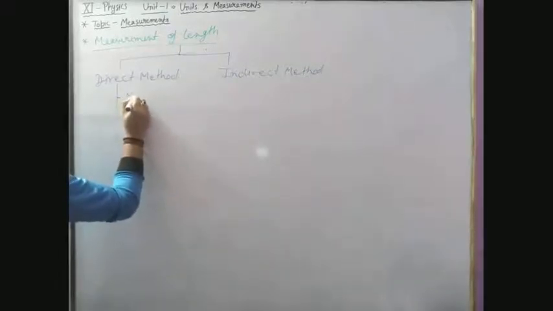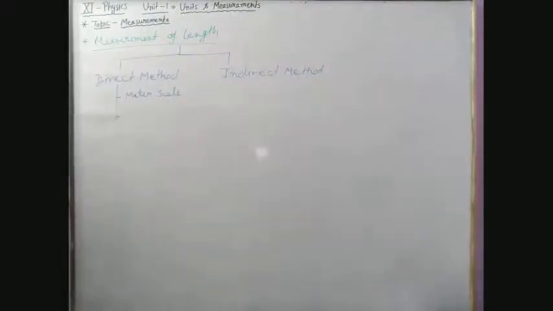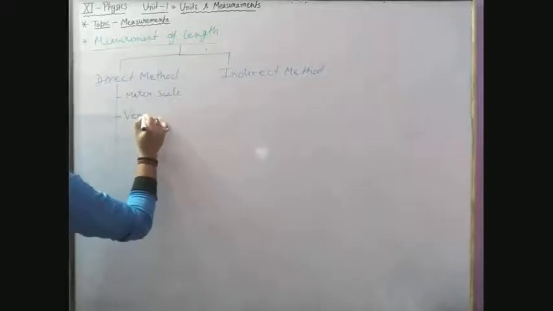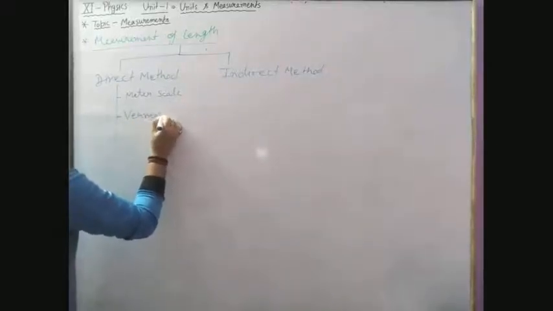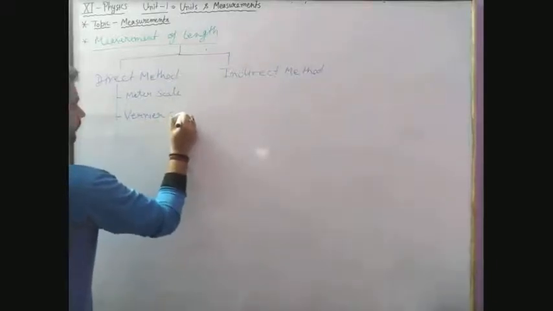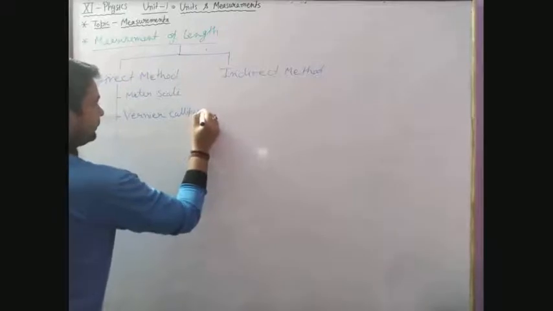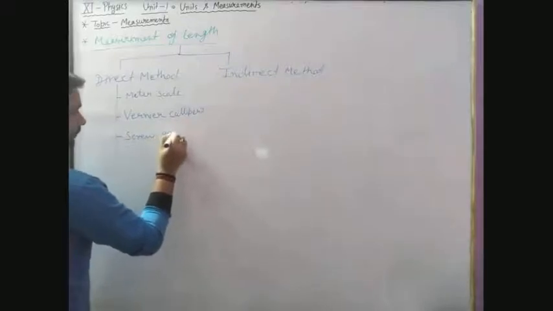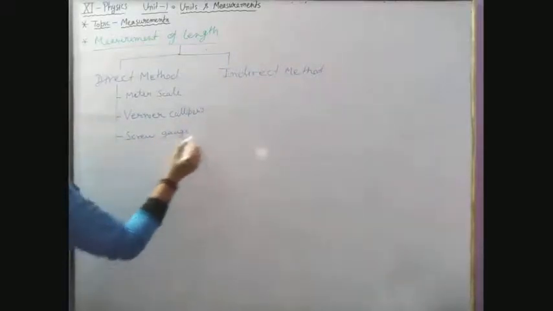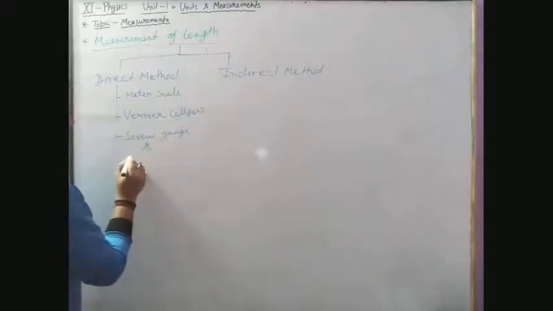Okay, so in the direct method we use some instruments like meter scale, then we have the vernier caliper, then we have the screw gauge, and spherometer.